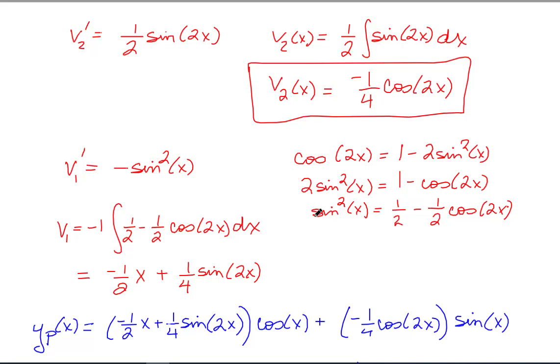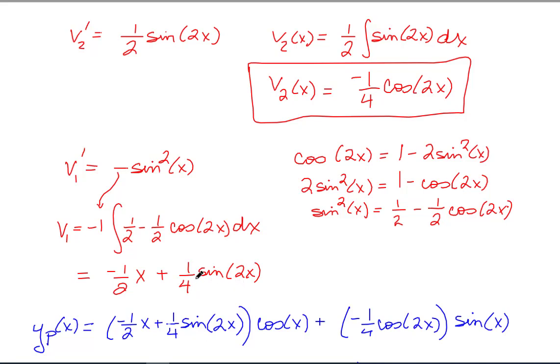So instead of integrating sine squared, I'm going to integrate 1/2 minus 1/2 cosine 2x. That's pretty easy. Integral of 1/2 is 1/2 x. The minus here came from the minus in the front, so minus a minus makes that a plus. When I integrate, I get another 1/2 to come out, and I get 1/4 sine of 2x.